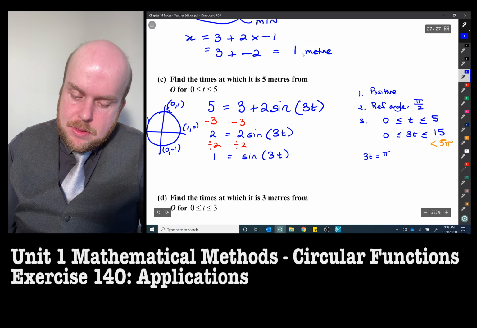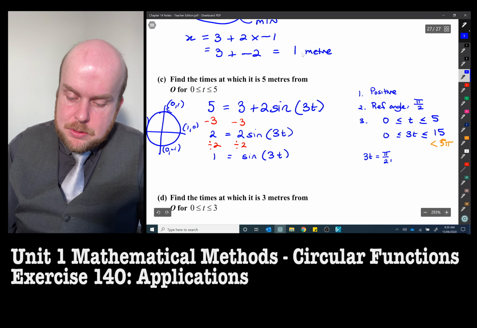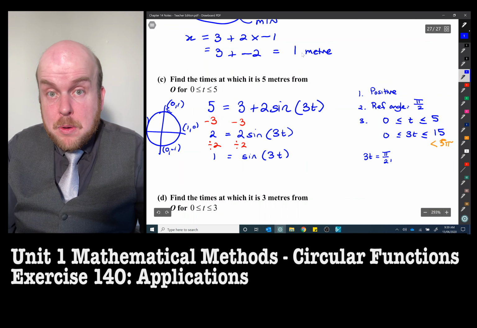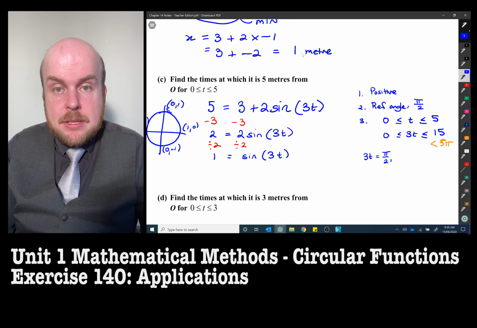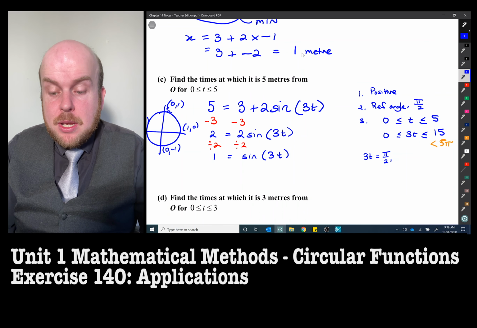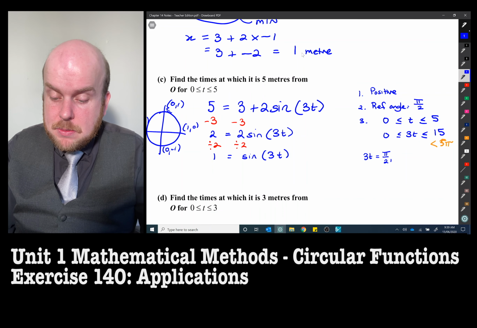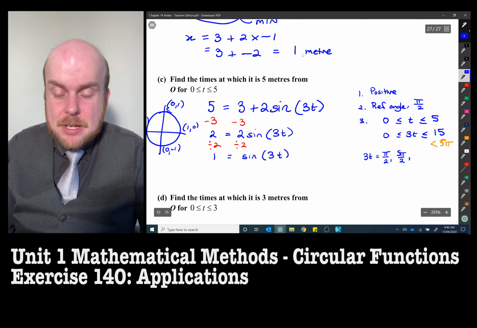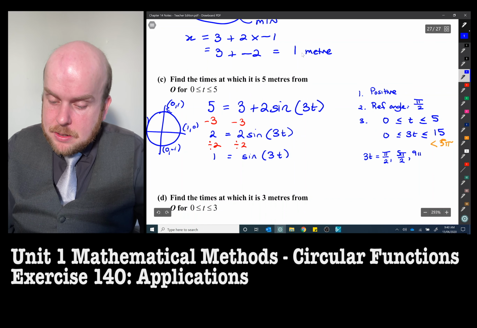So 3t is equal to pi on 2. We go around the circle again. And so we've got pi on 2. We have to go around the circle again to the next one, which is 5 pi on 2, because 2 pi would be the next time around the circle. And so that's going to be 9 pi on 2.